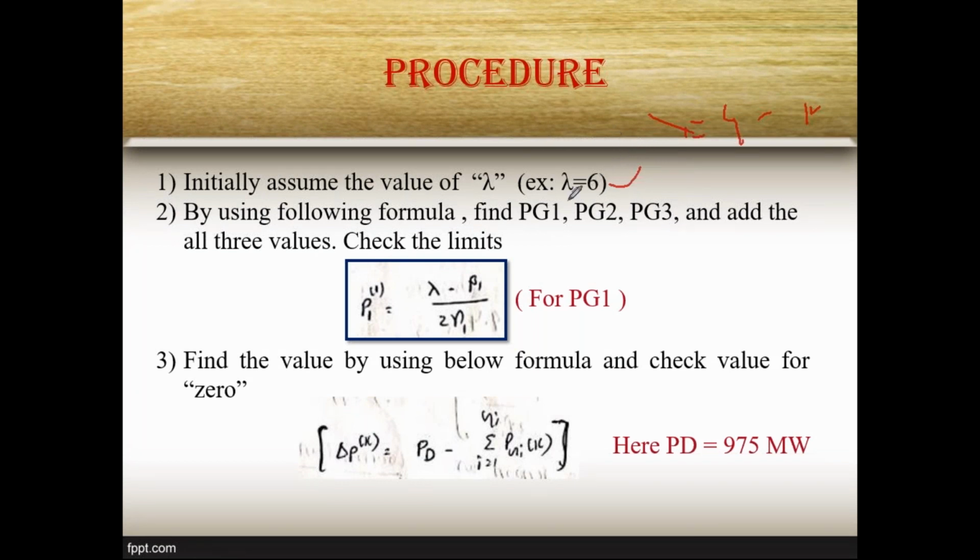After assuming a lambda value, we have to calculate using the following formula PG1, PG2, PG3, and add the three values.